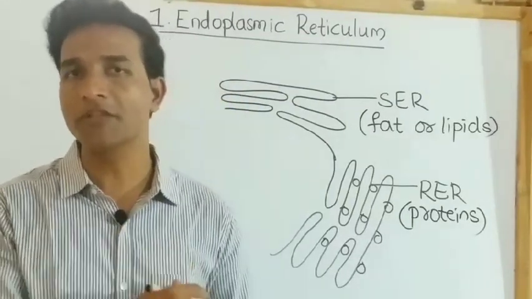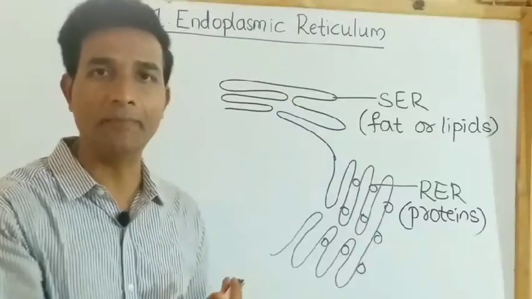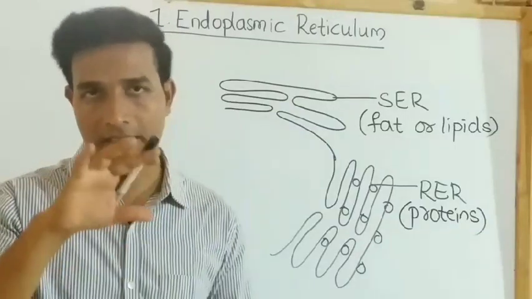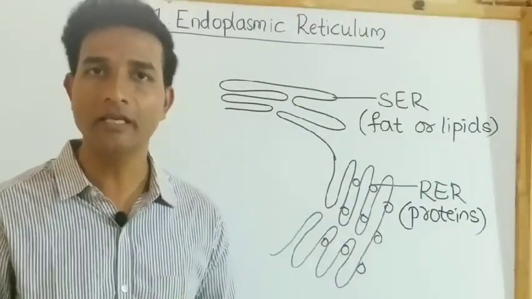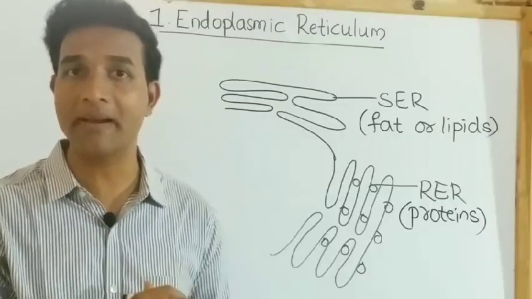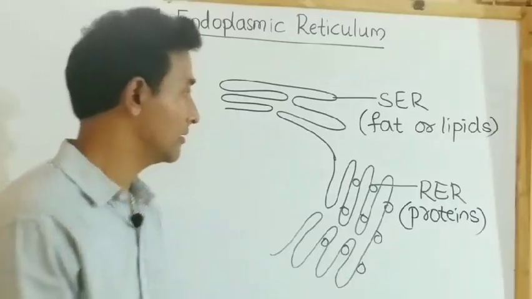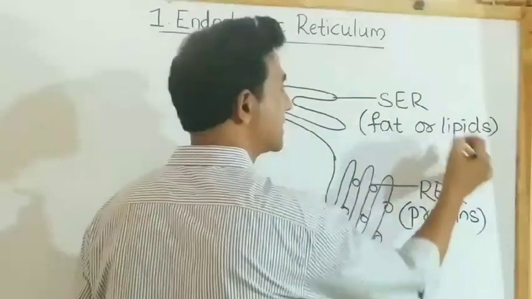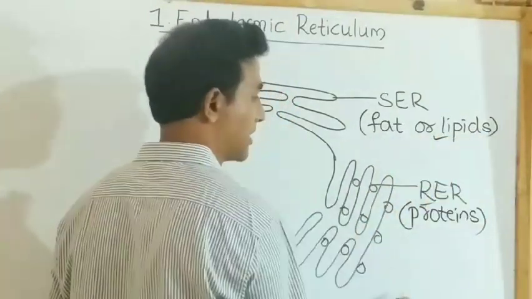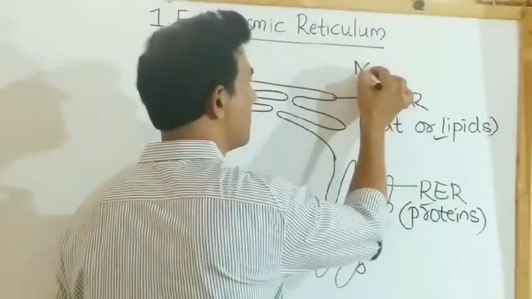Some of these proteins as well as lipids help in building the cell membrane, and we call this process membrane biogenesis. So here, these proteins as well as lipids are used in the preparation of membrane.